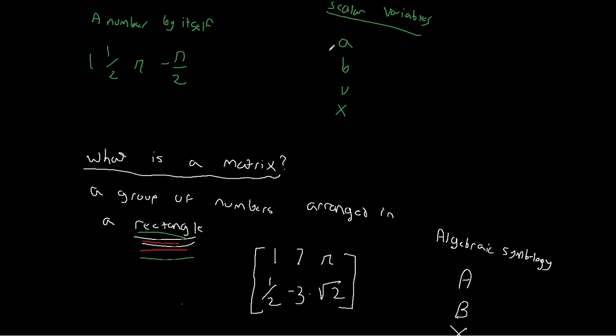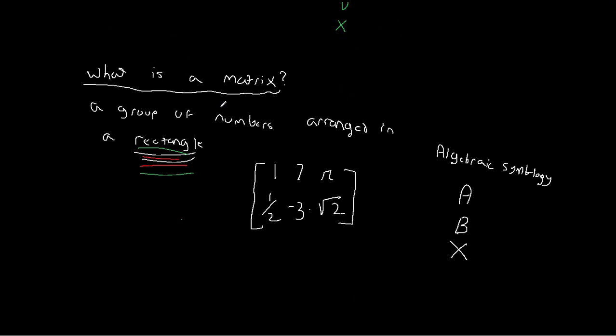And whenever we were using them in an equation, we demonstrated them with the lowercase letter, right? Well, matrices sort of are the opposite, right? They're a group of numbers, and we arrange them in a rectangle, and we put them in these giant brackets here to show that this is a matrix. And when we want to put it in an equation, we use the large or capital letter, right? A, B, X, etc. Okay, so hopefully that makes sense. A matrix is a group of numbers arranged in a rectangle, and we symbolize them algebraically with a capital letter. Okay, let that sink in for a second. Group of numbers arranged in a rectangle, capital letter.